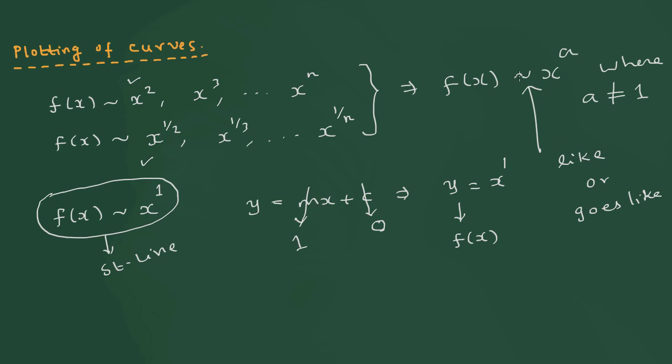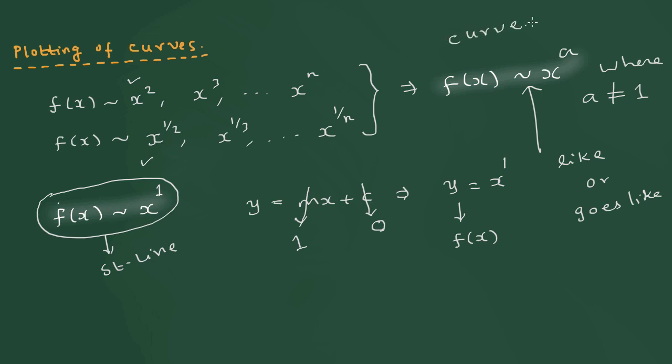The meaning of this particular symbol tilde is behavior. F of x behaves like x power a. In this particular case, we say that f of x is behaving like x to the power 1. And here we say that f of x is behaving like x to the power a. So that is what we mean to say. And whenever you have a situation where f of x goes like x to the power a, where a is not equal to 1, then that is known as a curve.